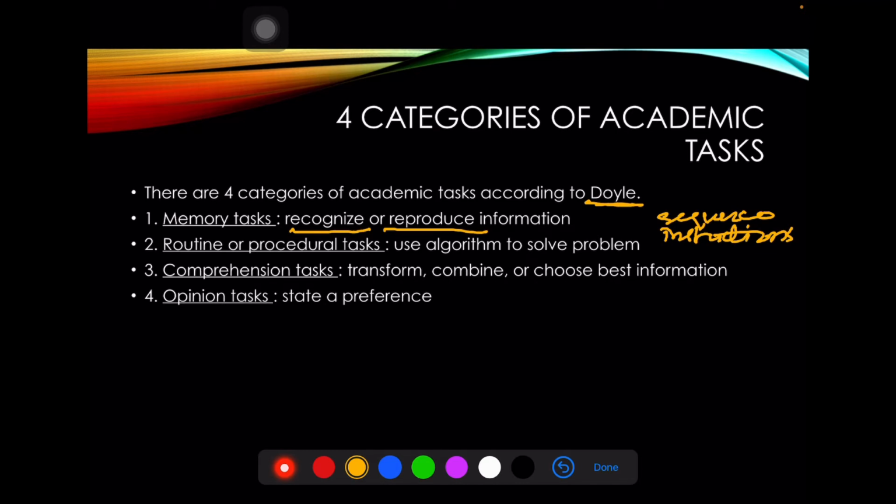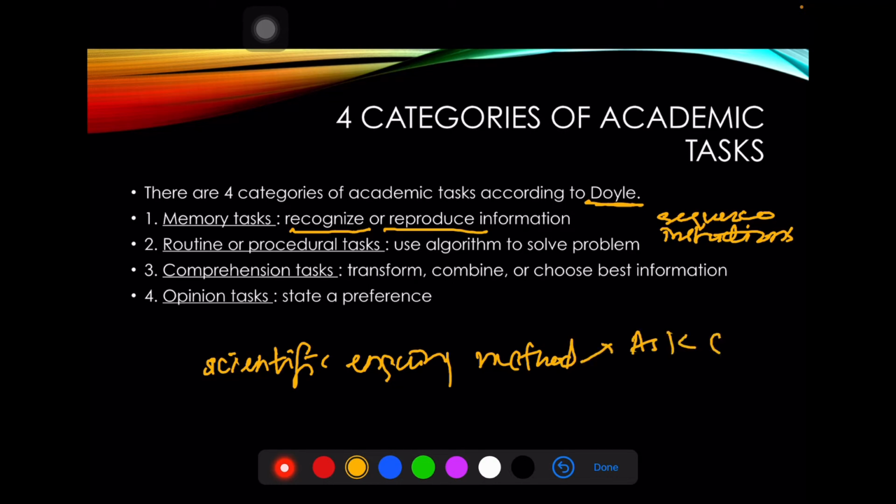One example will be the scientific inquiry method. Okay. Now, when you talk about scientific inquiry method, the first one is ask question. Number 2, find out.